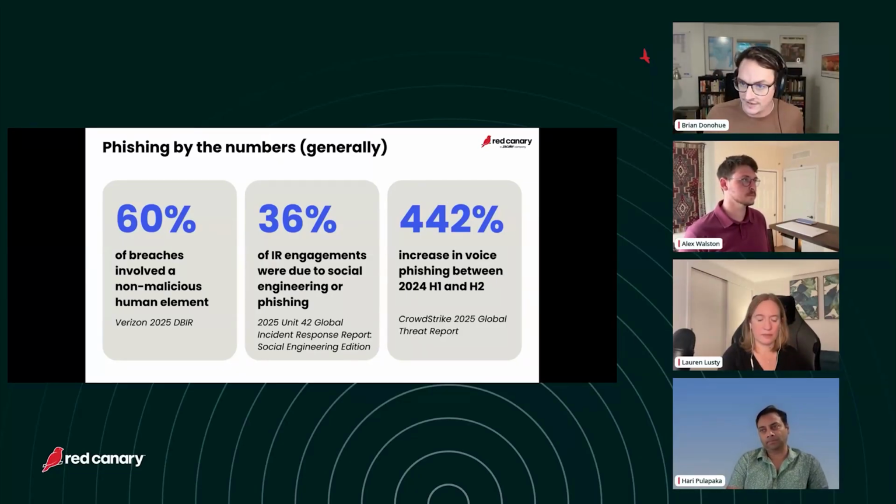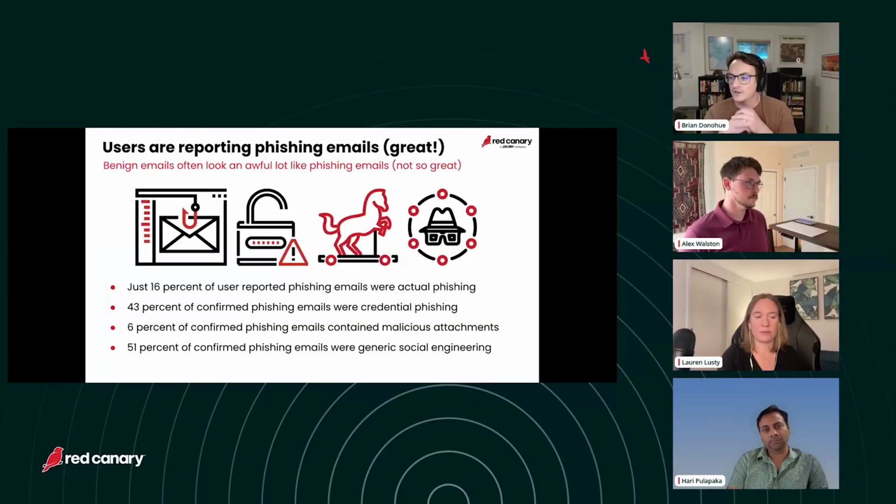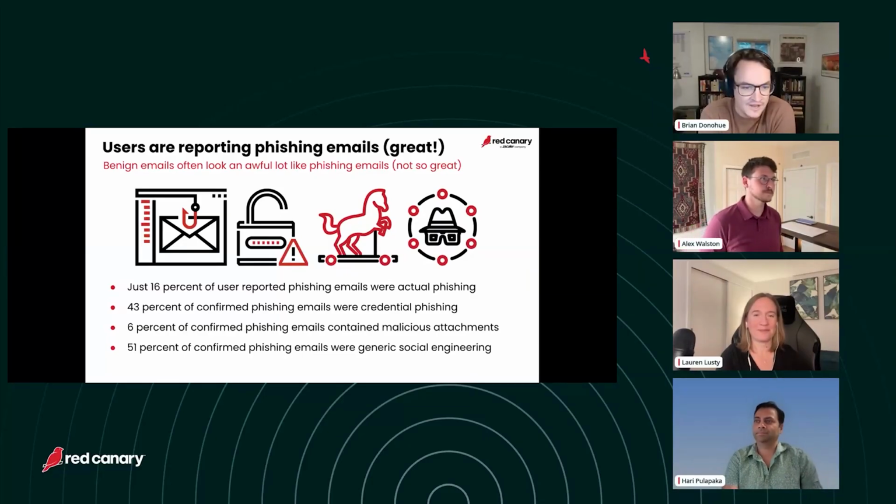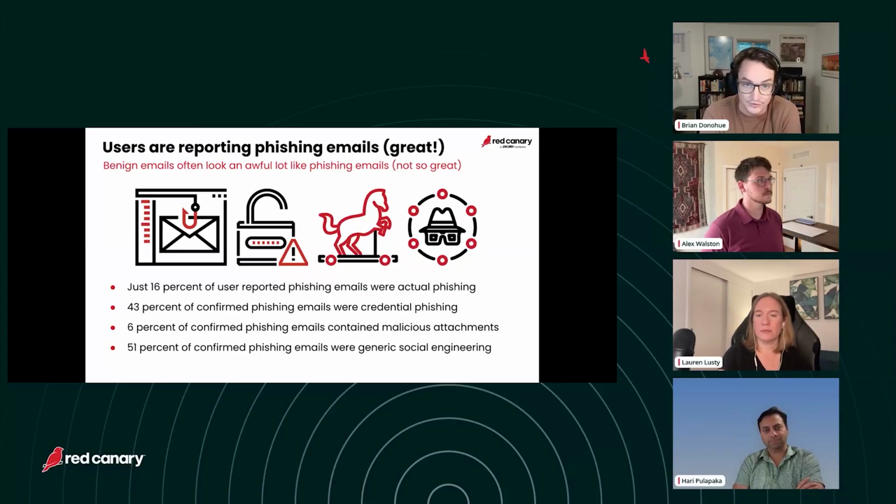For our part at Red Canary, we have a pretty focused phishing product called managed phishing investigations. We basically analyze user-reported phishing emails. The good thing is that users are reporting a lot of phishing emails. The bad thing is that the benign emails often look a lot like phishing emails.